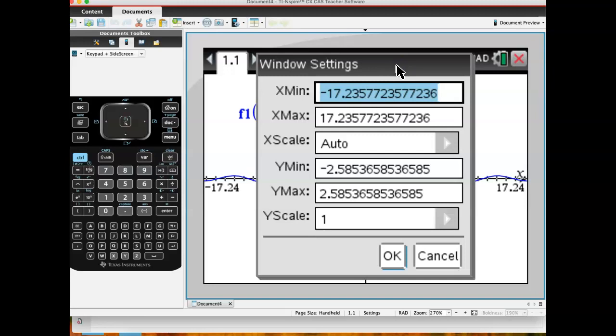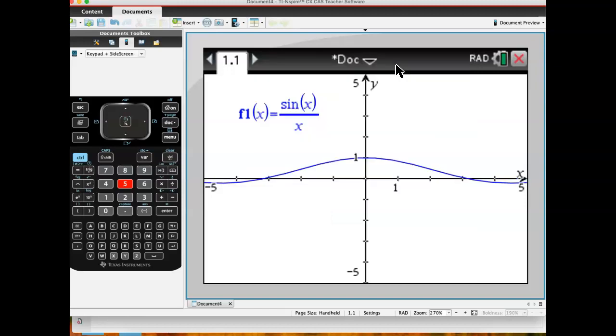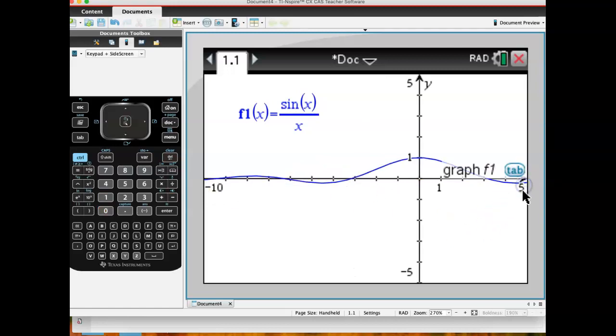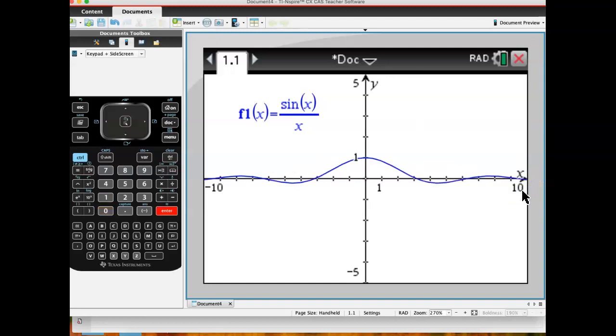I want my x's to go from -5 to 1, because I want to keep it close to around 0. And my y's, I think I want -10 to 10.